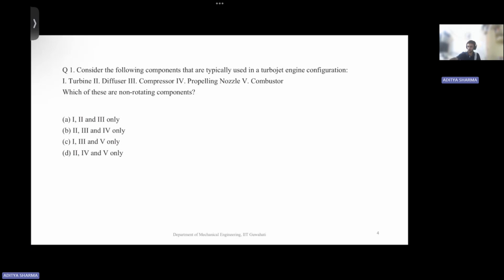And if you have some answer, you can give it in the comment box. Else we will discuss it shortly.